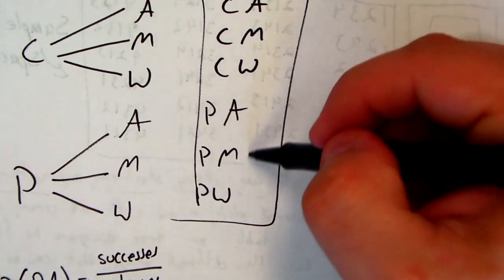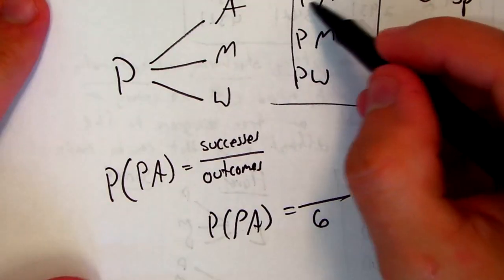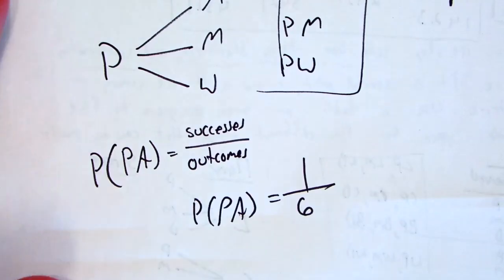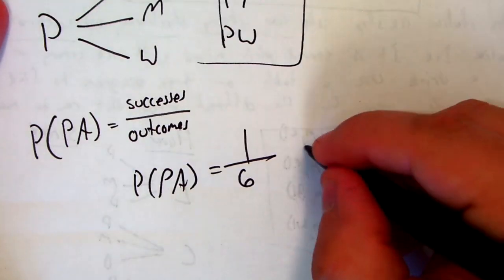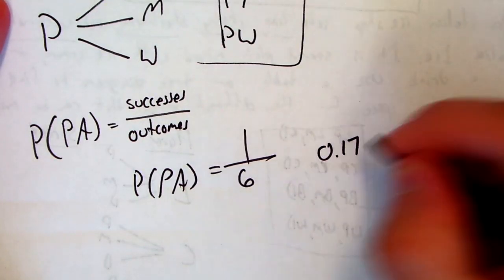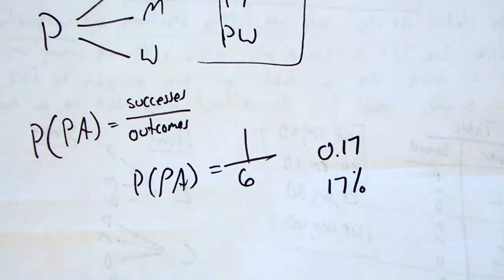Looking through my sample space, there's only one that is pretzels and apple juice. So the probability would be 1 out of 6. If we were to change that to a decimal, it'd be about 0.17. As a percent, 17%.